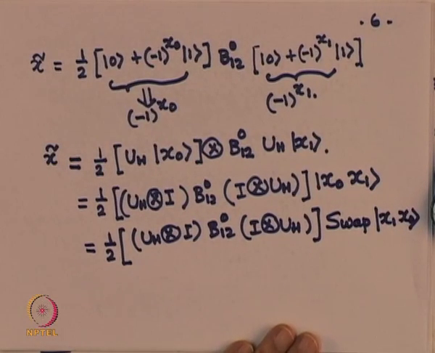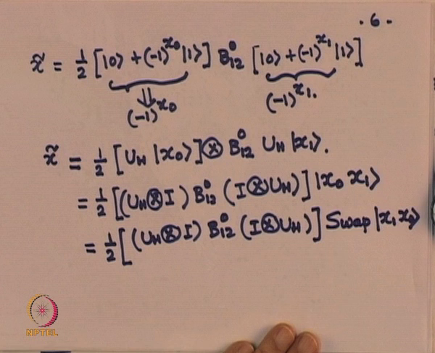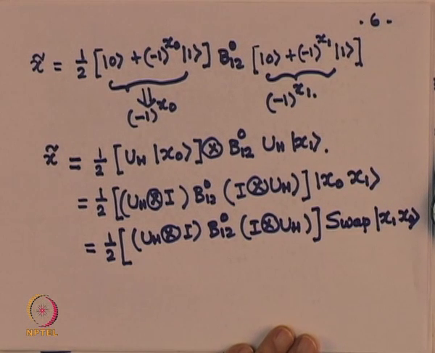So what it means is this: before applying these operations, we must swap the order in which x1 and x0 are appearing, and then carry on this thing, so that my final state comes up in the correct order. Because what we noticed is my x1 and x0 were getting swapped.